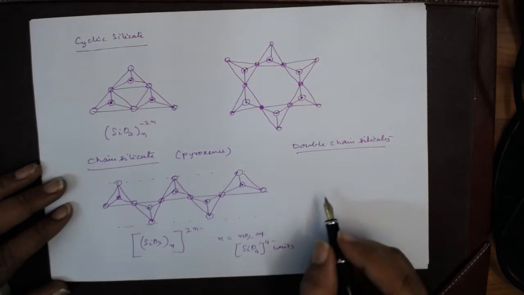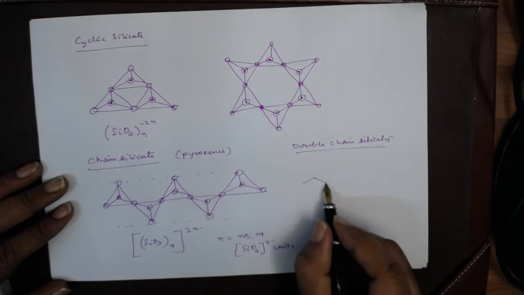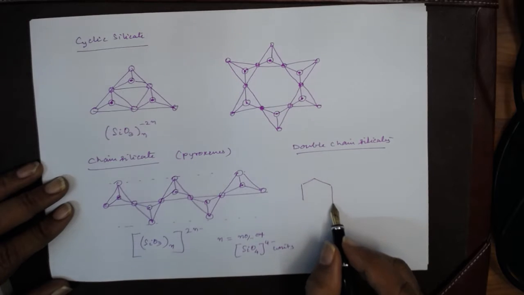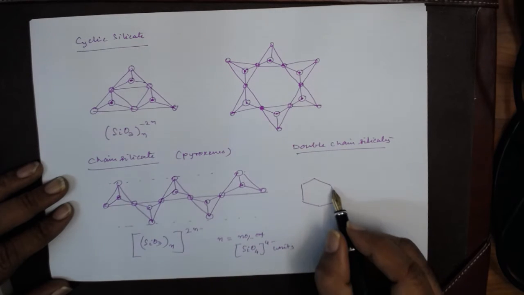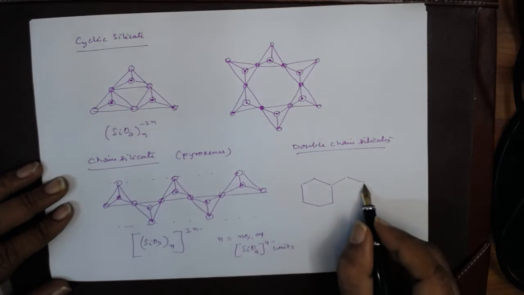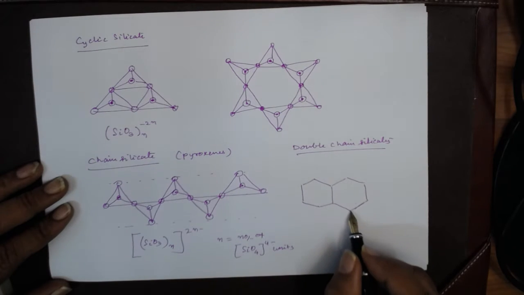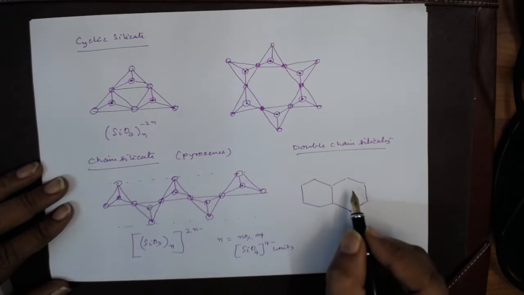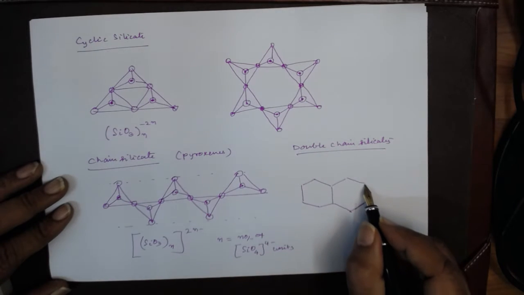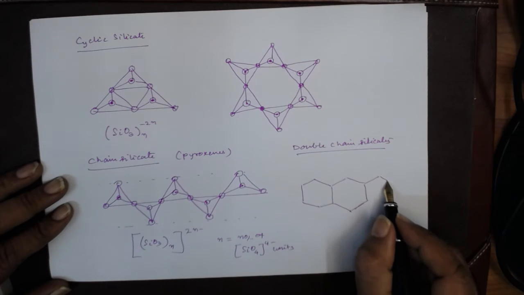Okay, so you can form a structure like this. Draw a benzene-like structure. Another benzene adjoined to this, similar to benzene, double benzene adjoined, and another benzene can be joined.